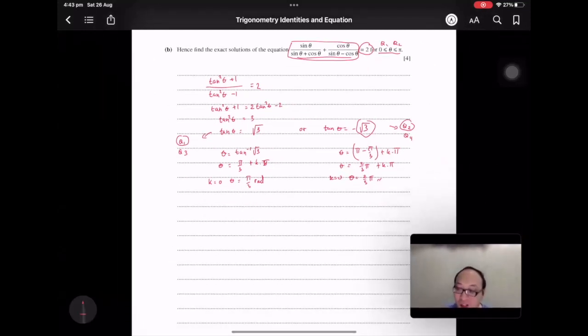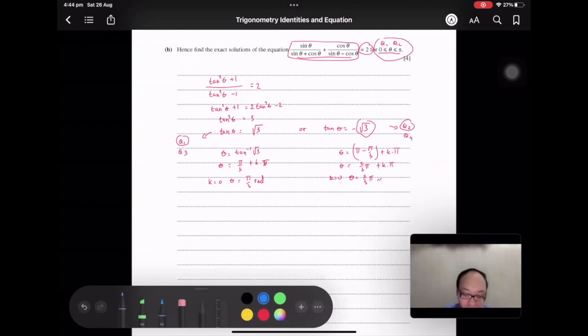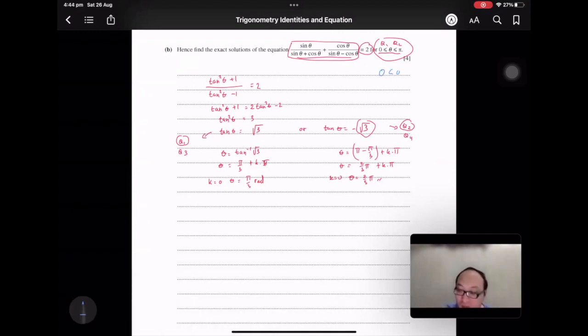If they expand the domain until 2 pi, we have to find another value. So we can put k equals 1. So theta is pi over 3 plus pi equals 4 over 3 pi.